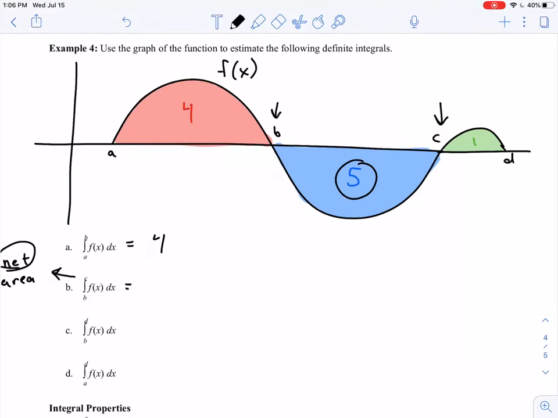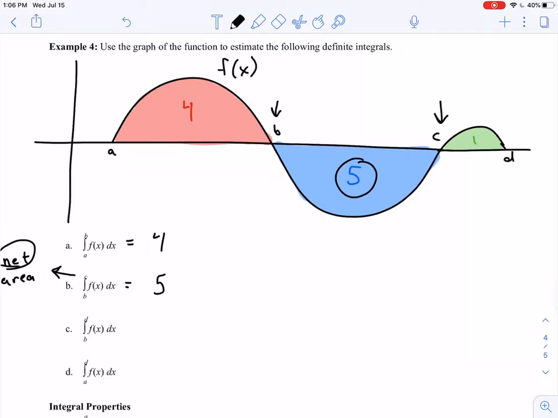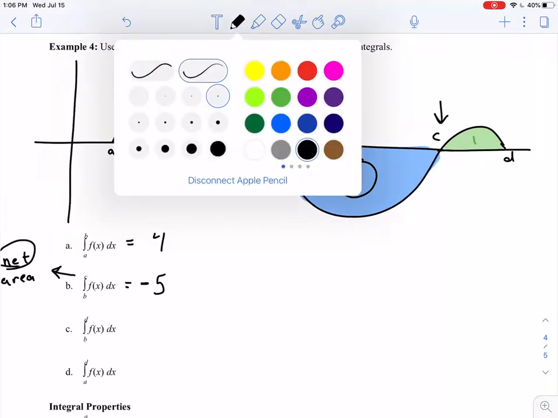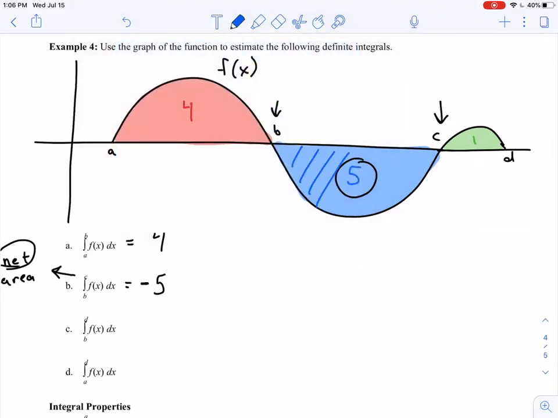So we're not just going to say that it's 5, because this blue shaded area is below the x-axis. In this case it is negative 5. We want to make sure that we include that negative sign for any regions that fall below the x-axis.